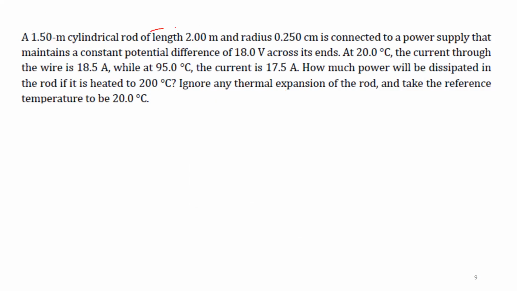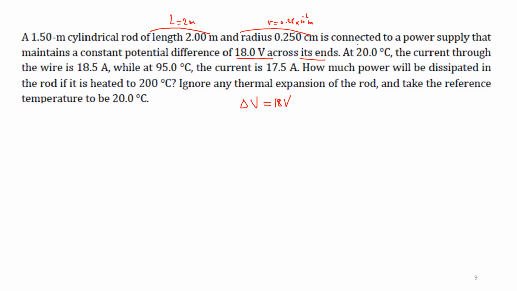The length L of the cylindrical rod is 2 meters, and I gave you the radius, you put it in meters, of course, 0.25 × 10⁻² meters. So it's connected to a power supply that maintains a constant potential difference of 18 volts across its ends. So I know that delta V across my wire is 18 volts, whatever happens.